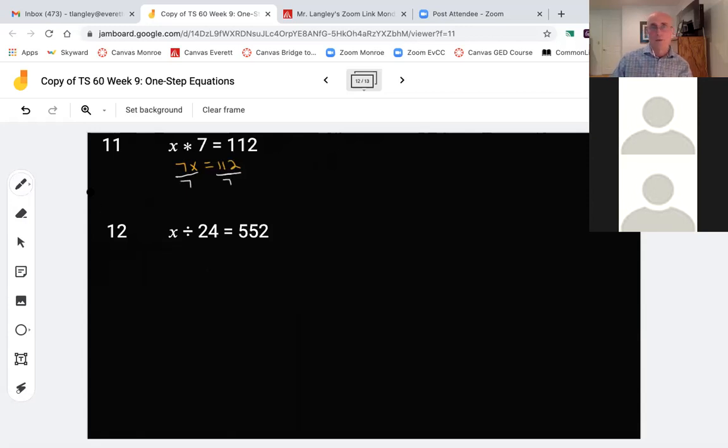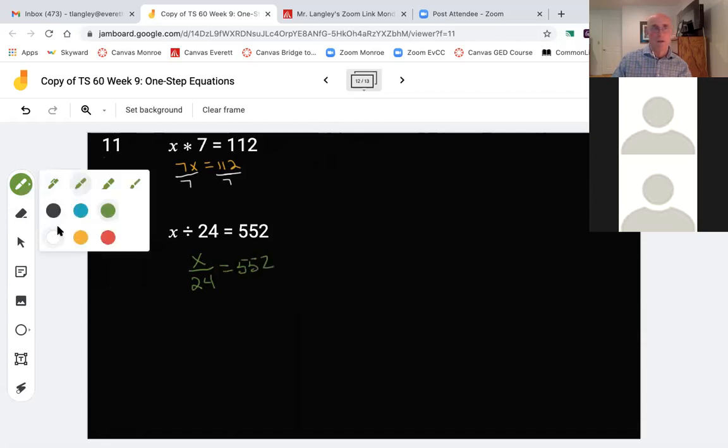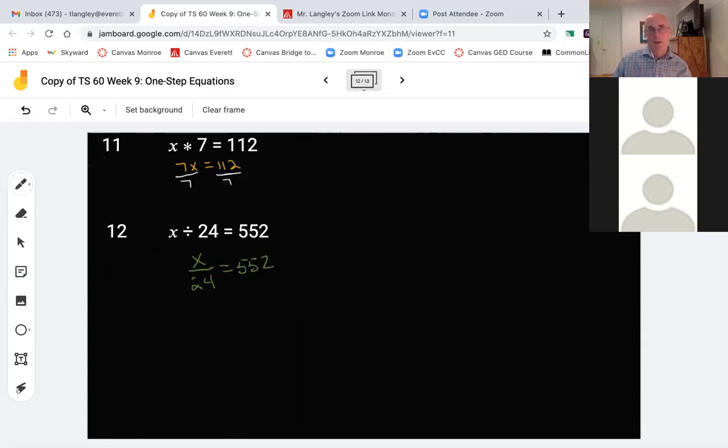Number 12, x divided by, I think we are almost done here, guys. X divided by 24. Okay, teacher said write the division one as a fraction. X over 24 equals 552. And then from there, how am I going to get this x by itself?